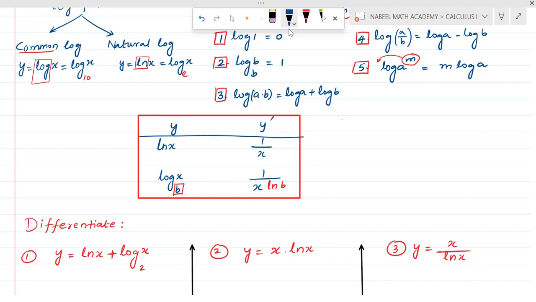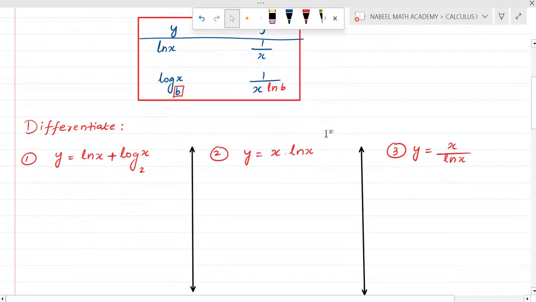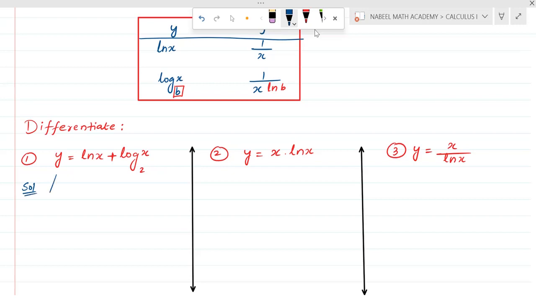Now let us solve the first problem. Differentiate y equals ln x plus log x base 2. Here y prime is equal to the derivative of ln x, which is 1 over x, plus the derivative of log x base 2.